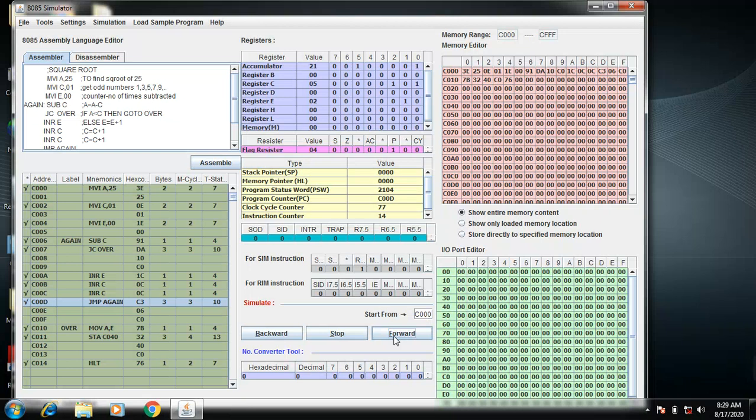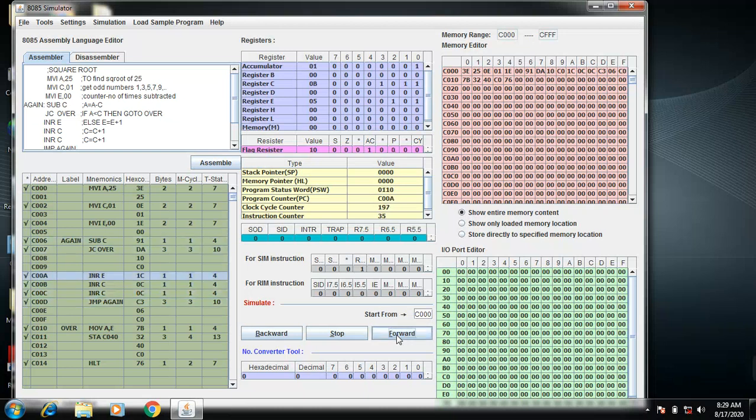Now 21 minus 5 is subtracted. What do we get? That is 10, because it is a hexadecimal number, not a normal decimal number. 21 minus 5 is 16, which is 10 in hex. Next E is incremented. Likewise you can subtract, and whenever the condition becomes true, that is A is less than C, it stops.